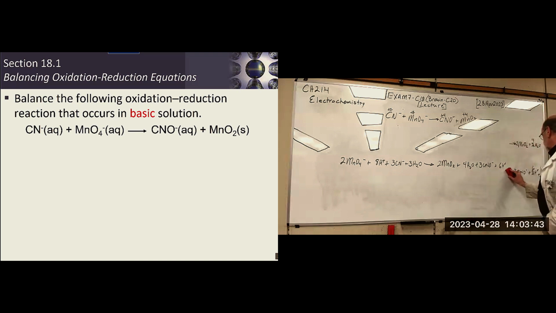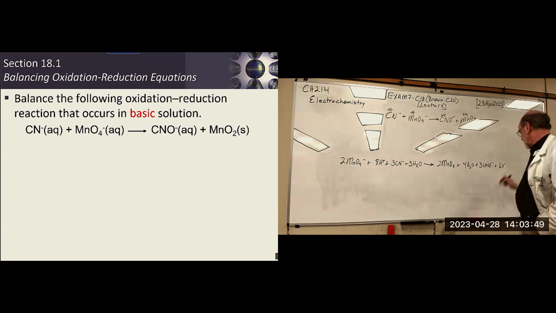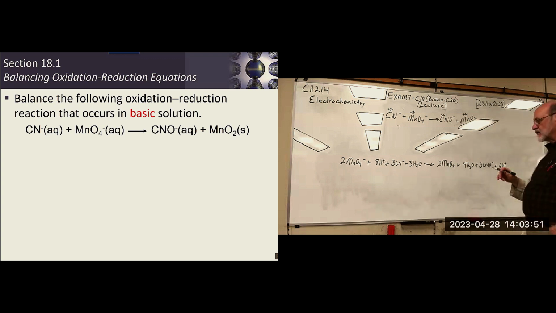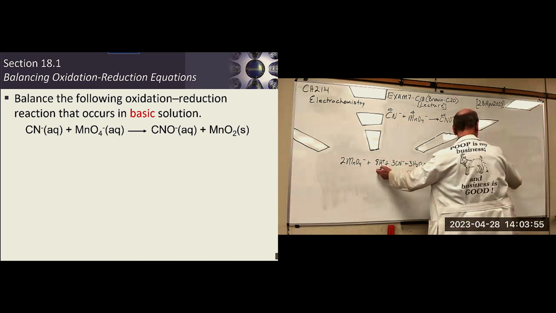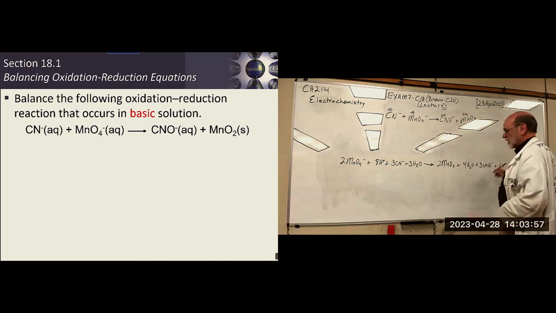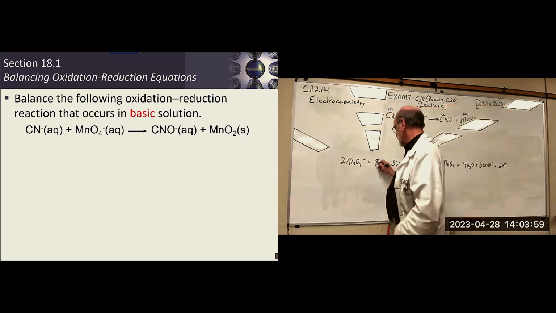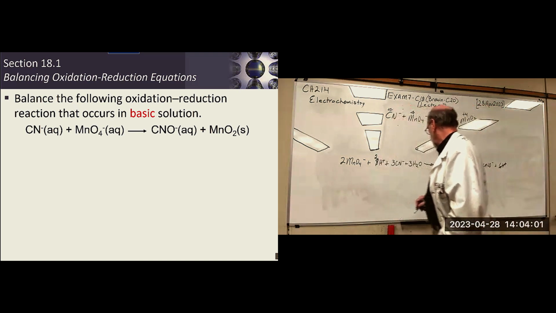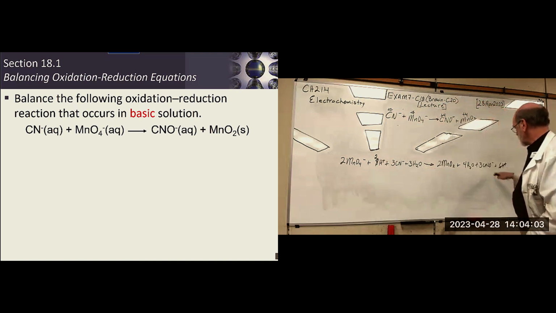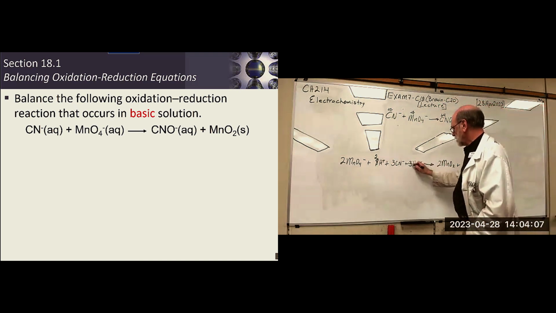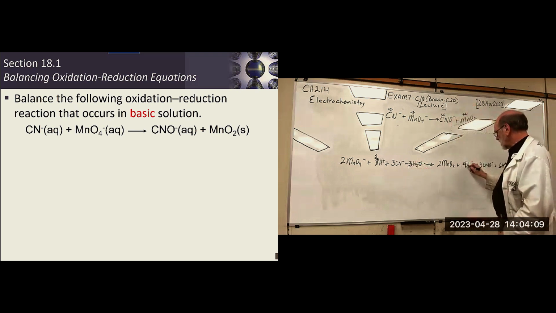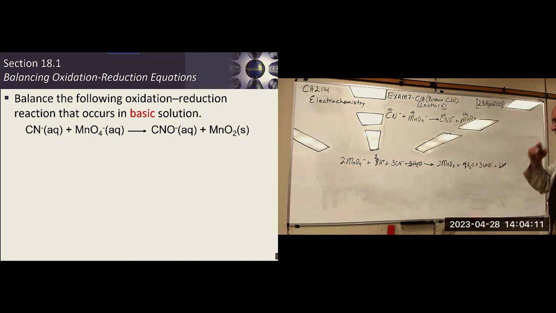And that's everything on this side. Now we need to eliminate things that are on both sides. Hydrogens. We got 6 on this side and 8 on this side, so now this one is 2. We got 3 waters here and 4 waters here, so that one goes out, and that leaves us with 1 water on this side.